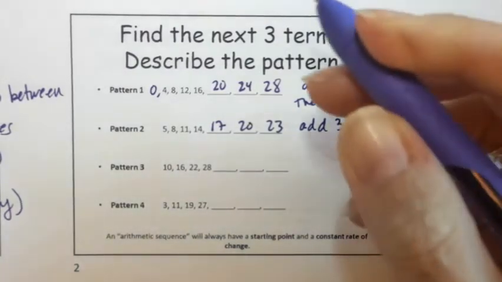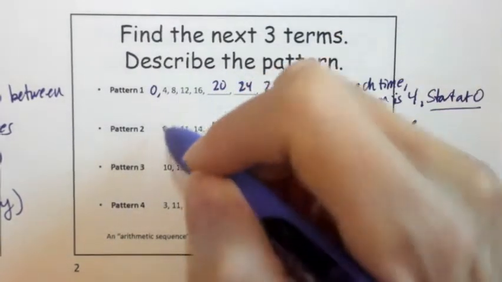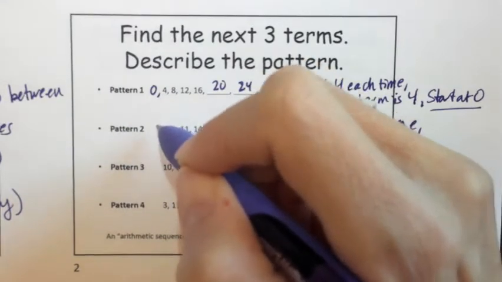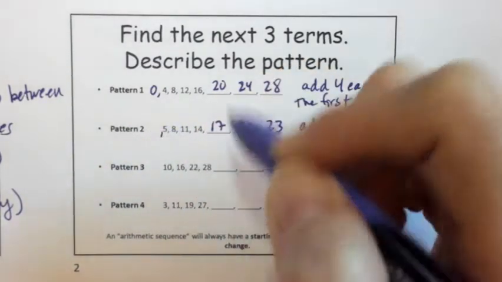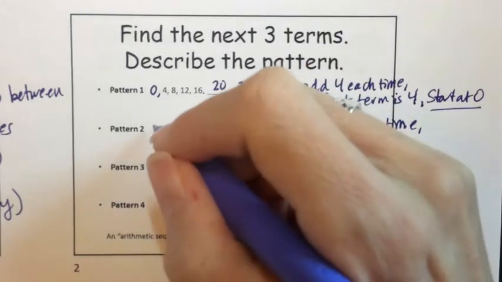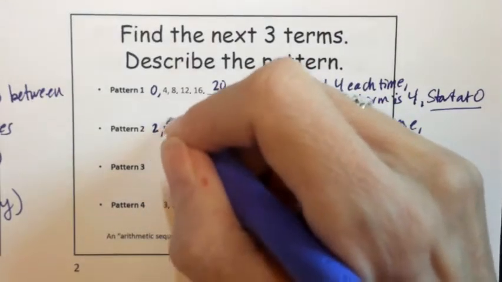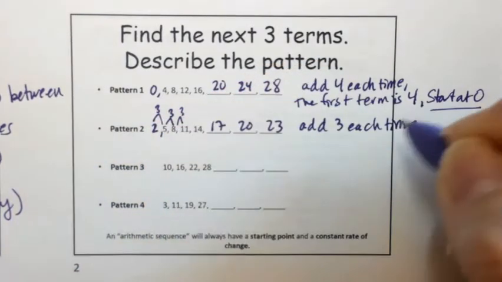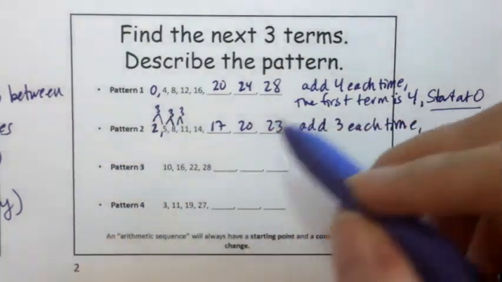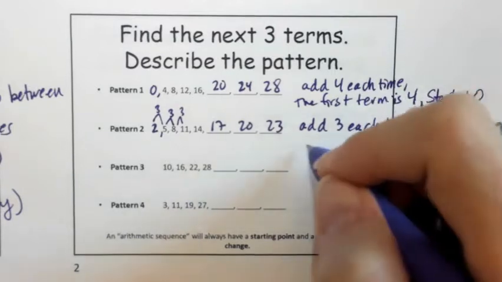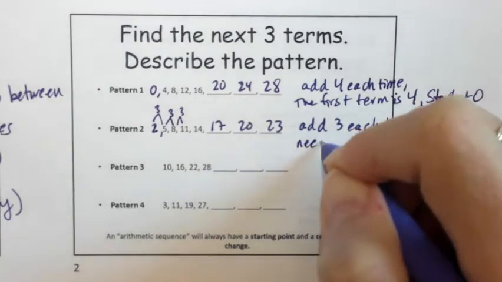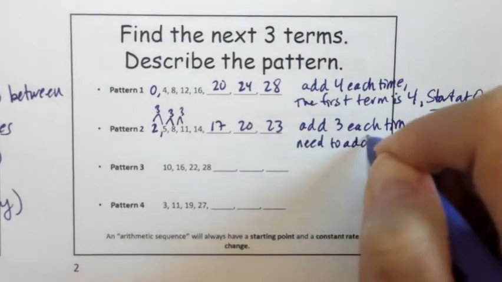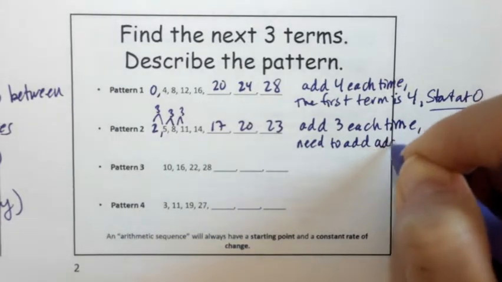But is our pattern starting out at 3? If I go backwards one step, would I be at 3? No, I'd have to be at 2. To keep that same pattern, it would not be starting at 0. This one would be starting at 2. So we need to add an additional 2.